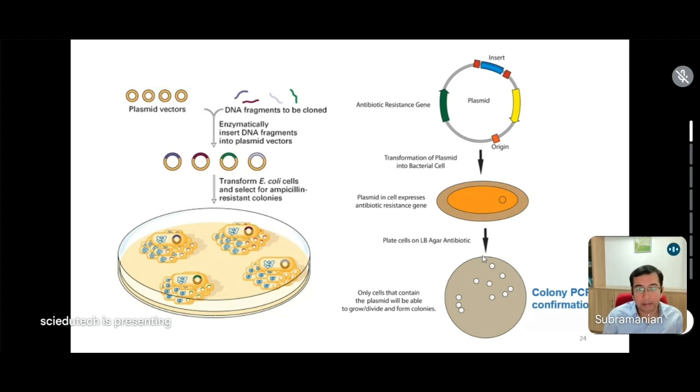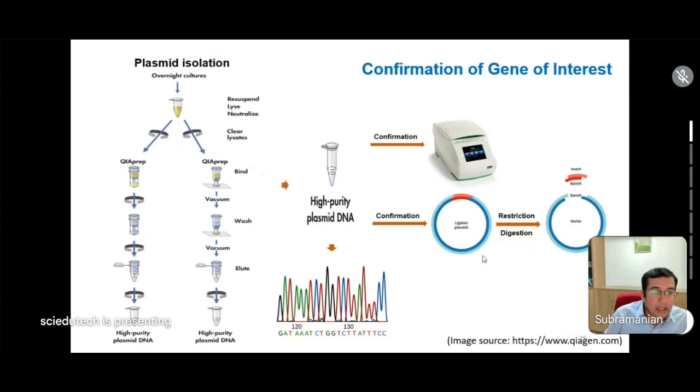Then you can confirm the bacteria containing your gene of interest through either blue-white screening or colony PCR. Colony PCR is where you use specific primers for your gene of interest and do a PCR with the bacterial cells. Next slide, please.